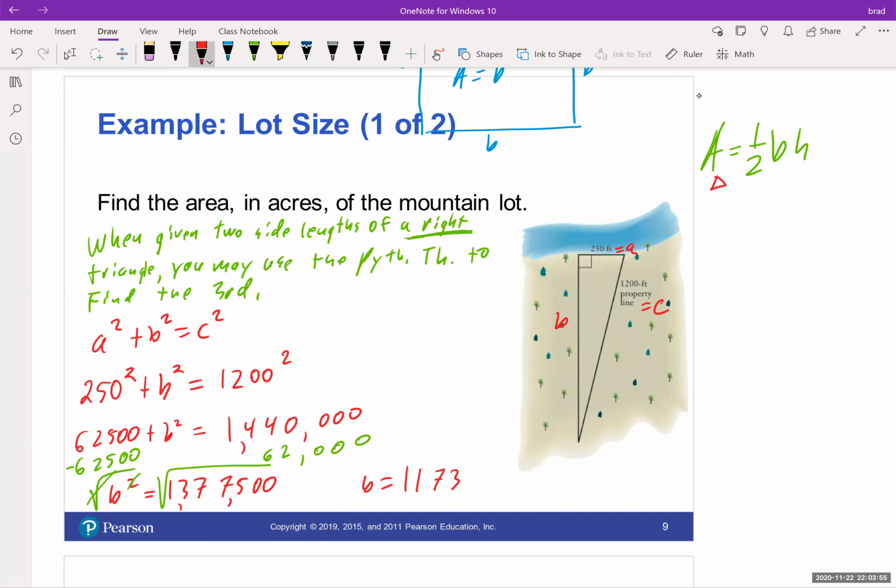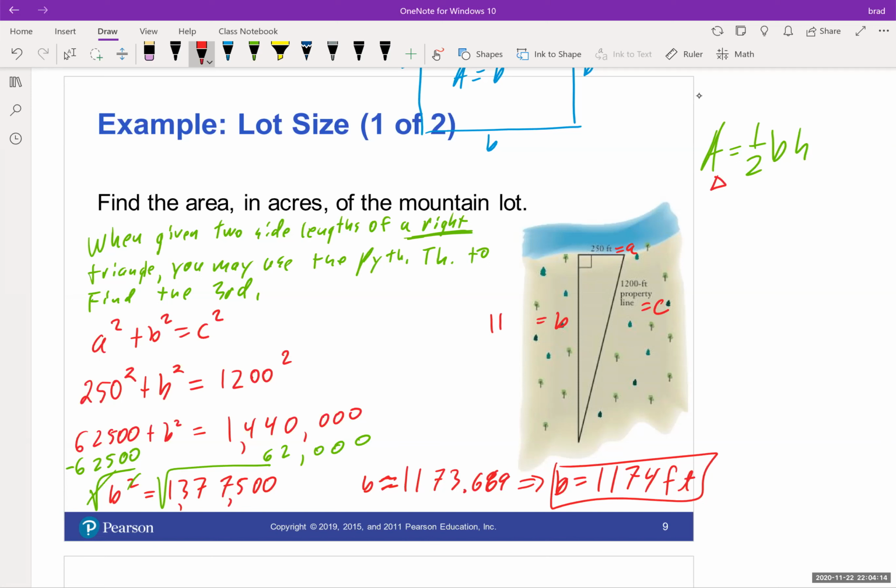Let's round to the nearest whole number because they're using whole numbers. So 0.669. So I'm going to use B equals 1174 feet. So this is my value for B.